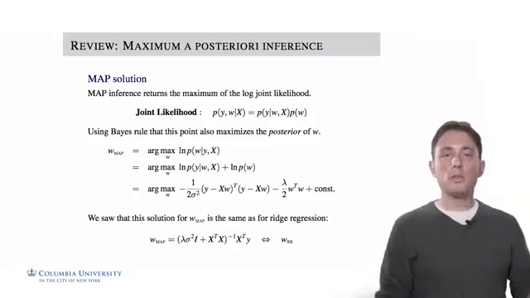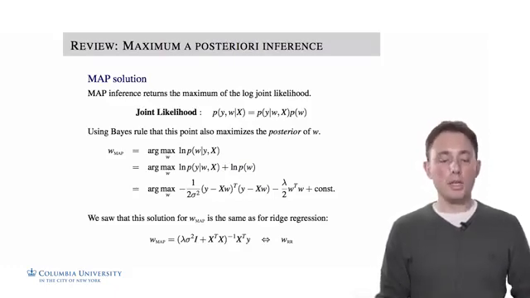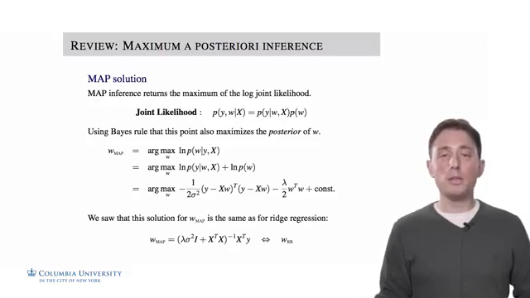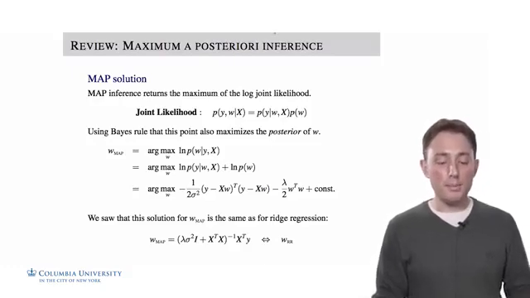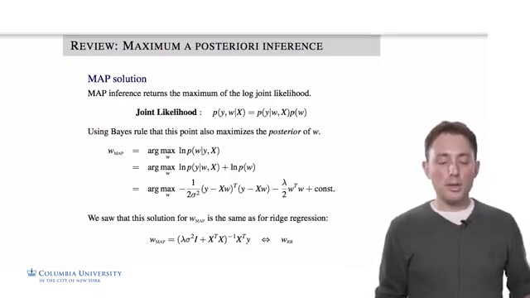Okay, so before discussing Bayes' rule in the context of linear regression, we saw last time how the maximum a posteriori solution can be found, also called the MAP solution, by finding the value of the vector w that maximizes the posterior.